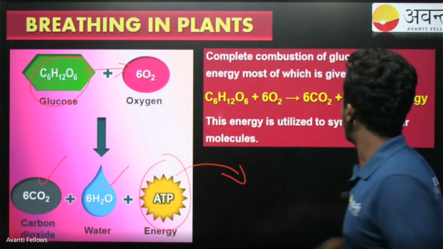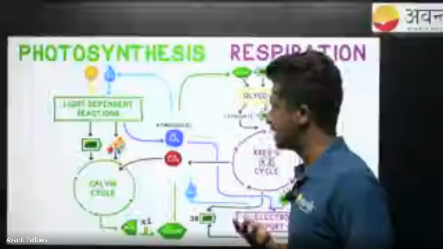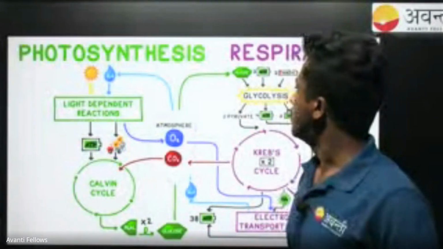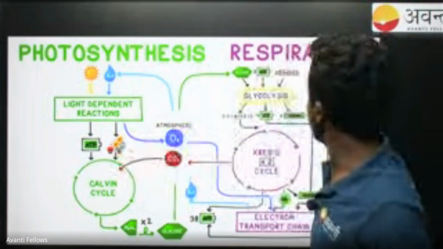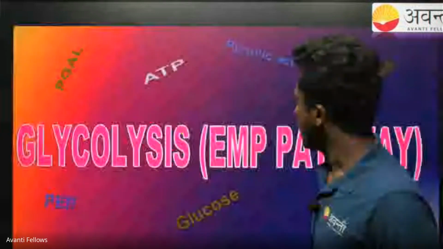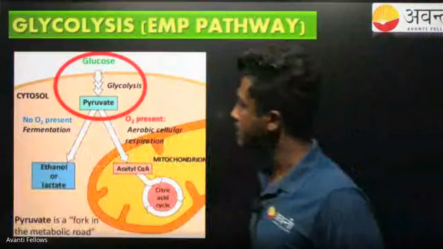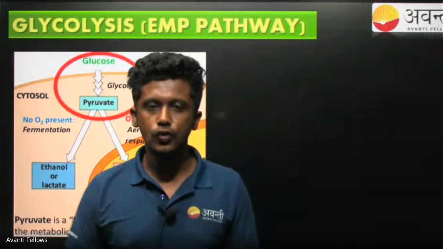Correct, right? Now, when it comes to photosynthesis and its link with respiration, as I've told you before, in photosynthesis we produce glucose, and in respiration we utilize glucose. Now, if I look at organisms, what do organisms do?